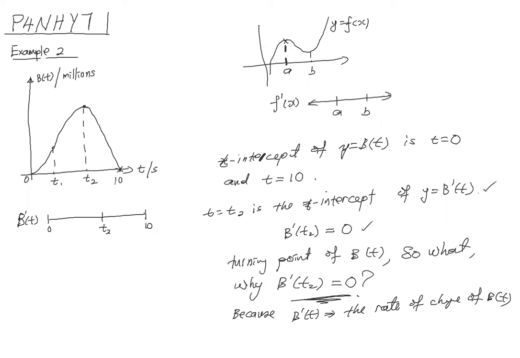So therefore, at a stationary point, the rate of change is 0. So that is the reason. When you look at B prime t, you should know that B prime t is what? Rate of change of Bt. How Bt changes over time. That is the meaning of rate of change.